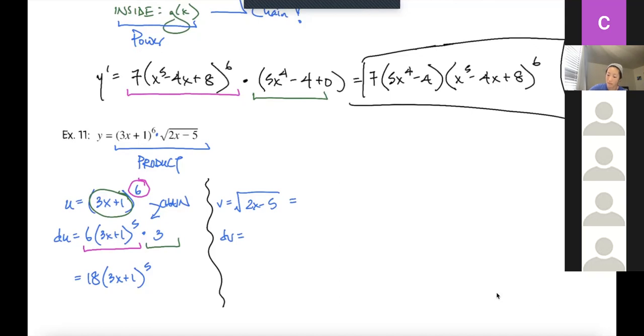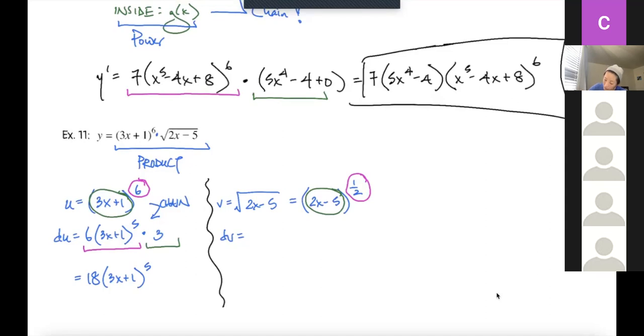When we have square root of 2x minus 5, as soon as I wrote this as (2x minus 5) to the 1/2, so many more people saw the inside and the outside functions. So we've got our outside function of the power of 1/2, and the inside function of 2x minus 5.